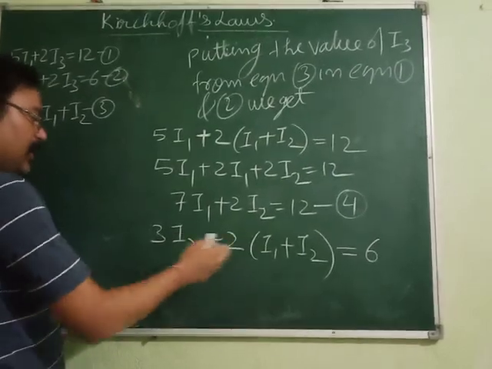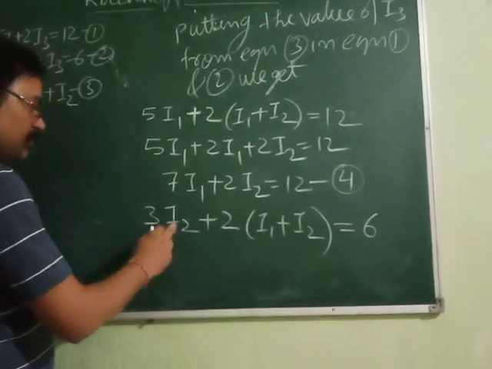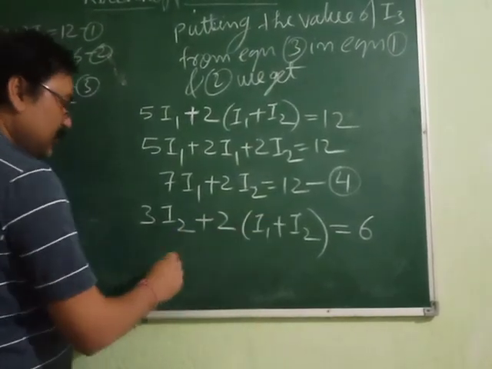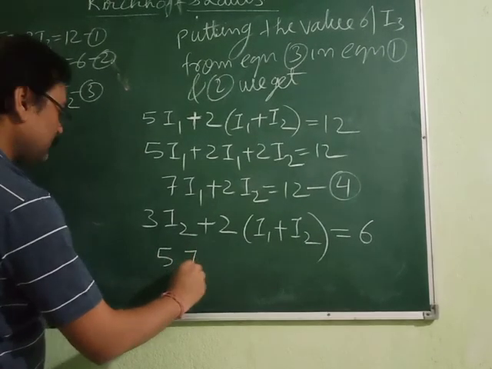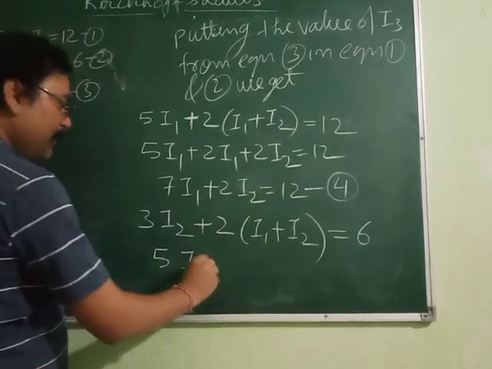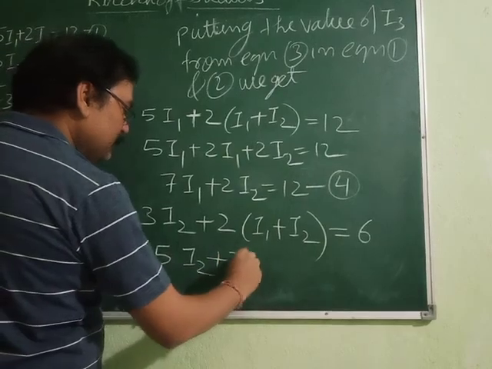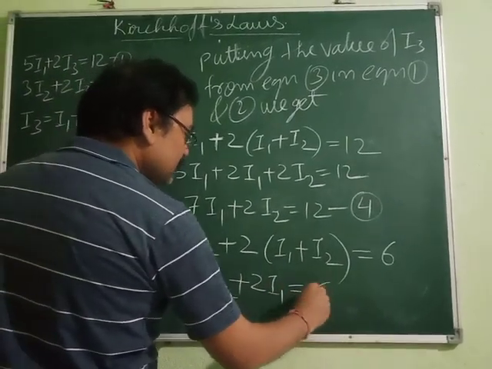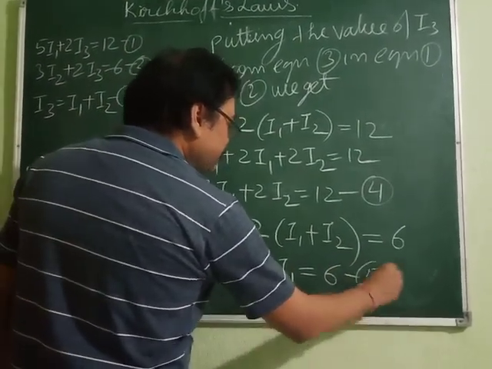So from here what can you get? 3I2 plus 2I2 is 5I2, plus 2I1 equal to 6. This is our equation number 5.